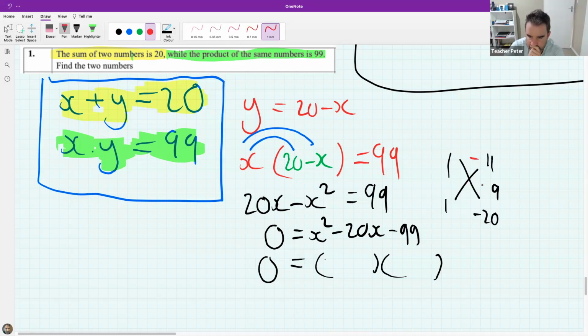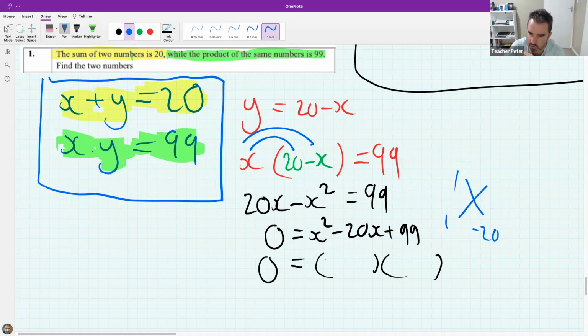Hmm. That's not going to work, is it? That should be positive. I made a mistake there. I knew it. So that should be plus 99 because it stayed there. That's fine. So 1, 1 minus 20, and then we're going to have minus 11 and minus 9. Thanks, Siamtanda.